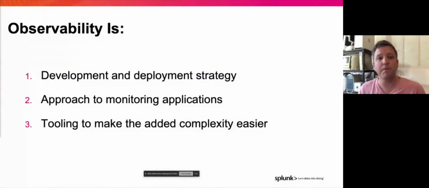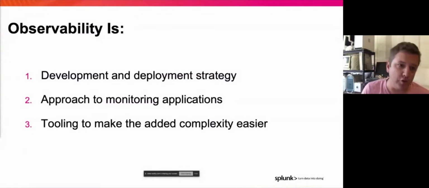Observability is a term used to encapsulate that problem that we're talking about of highly distributed systems. The thing with observability, like DevOps, like SRE, is that all of these terms have a component of strategy, of a function, and of tooling. And observability is no different.